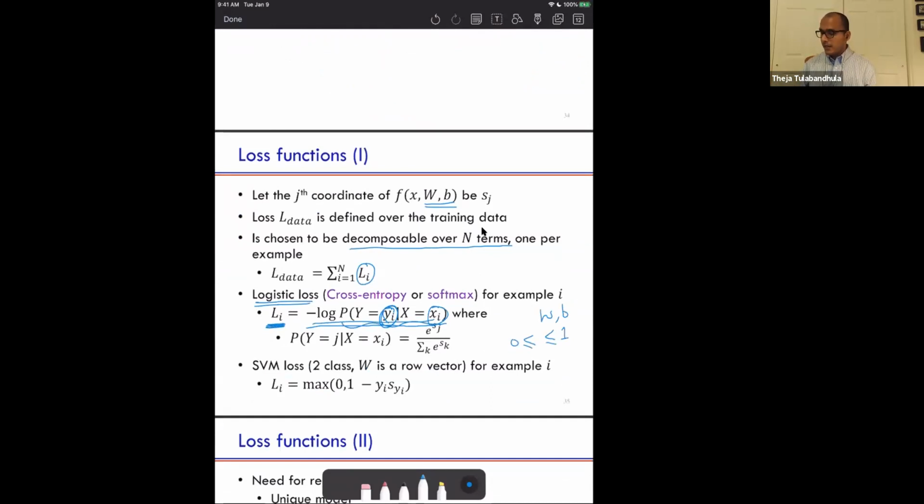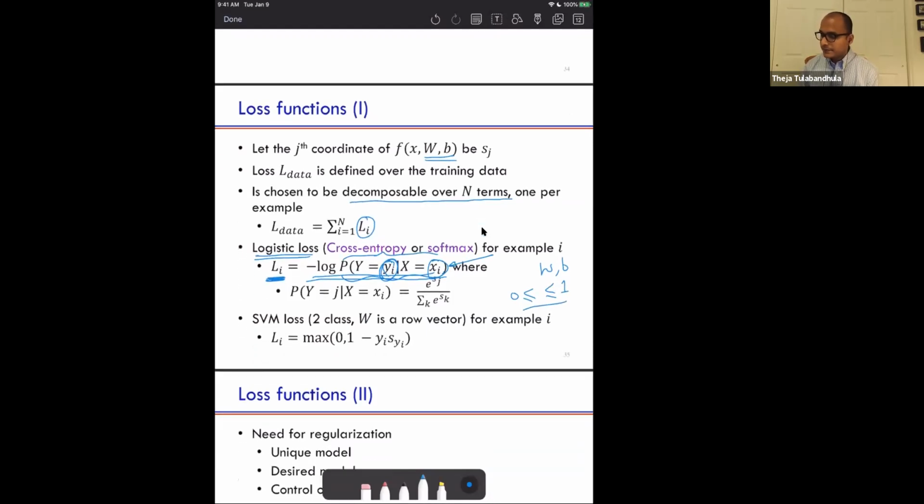So if the p value is low, closer to 0, then the log of a number very close to 0 is going to be highly negative. And the negative of that highly negative number is going to be highly positive, in the sense that the loss value is going to be very high if you don't predict the right class. So you can directly interpret that from this expression for Li.